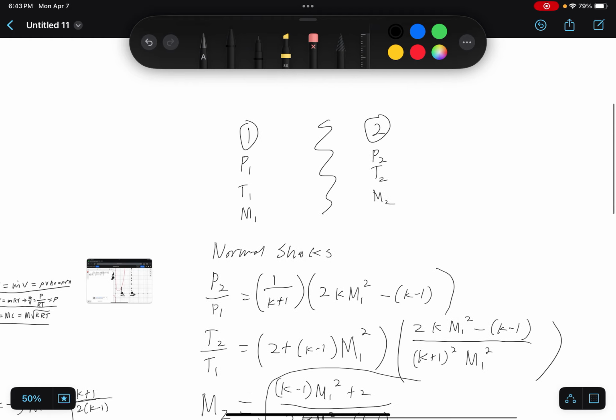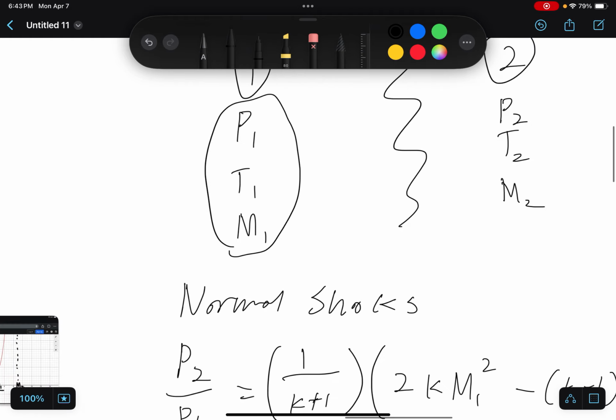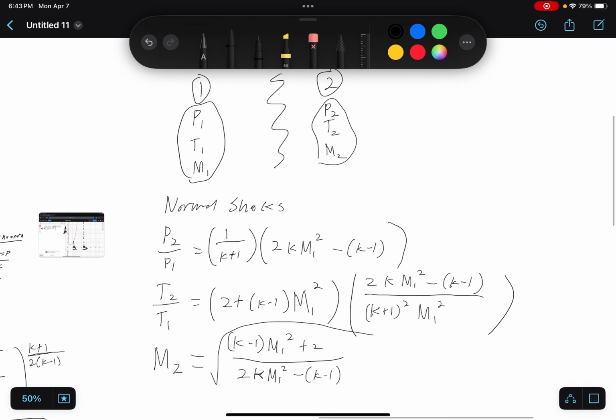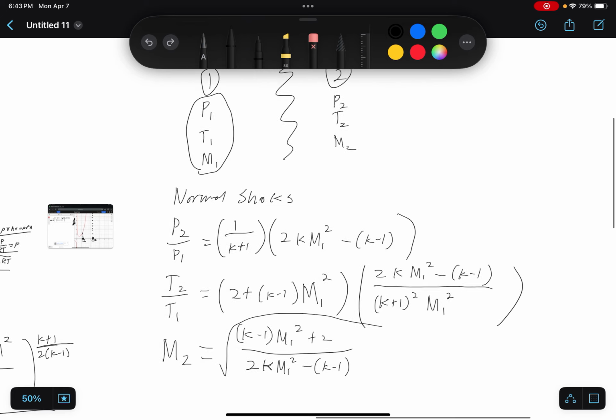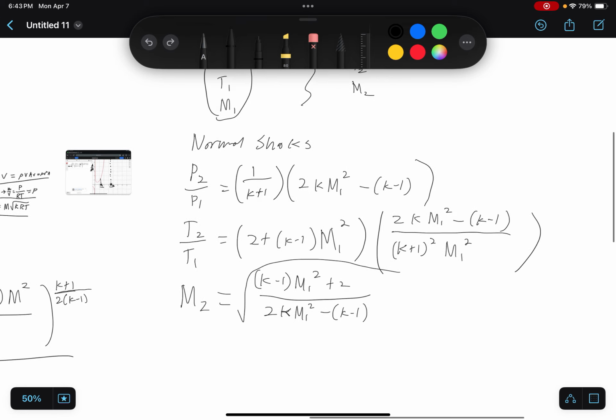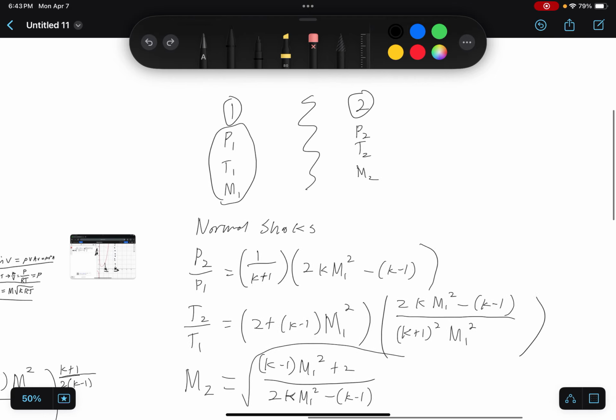But anyways, if you know these three, you can calculate all of these. Because for the pressure equation, if you know P1, you know K, you always know K. You know M1, you can get P2. Same with T2, and same with M2.